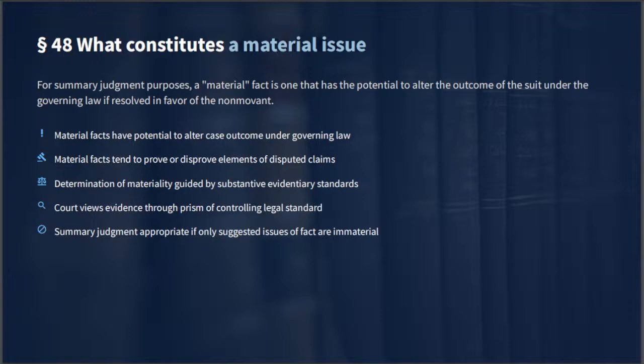For summary judgment purposes, a material fact is one that has the potential to alter the outcome of the suit under the governing law if resolved in favor of the non-movant. Material facts tend to prove or disprove elements of disputed claims. So remember, the material facts affect the outcome.